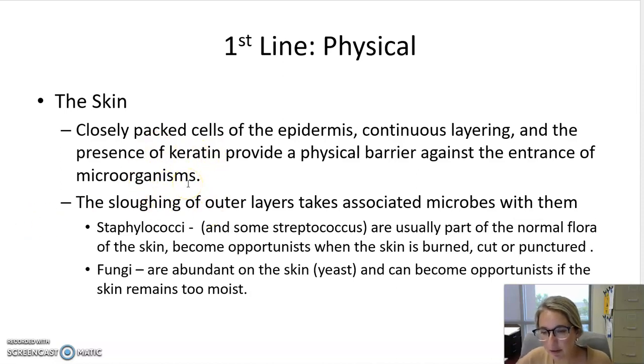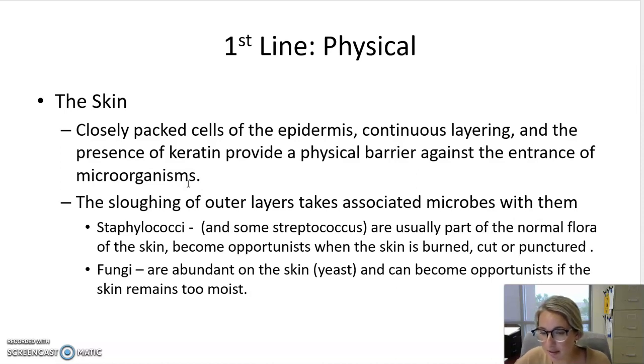Keratin is very important in micro because it is what makes the skin tough and durable and resistant to damage by most microorganisms. So as long as your skin is intact, it is very difficult for microorganisms to get through the intact skin and into tissues.